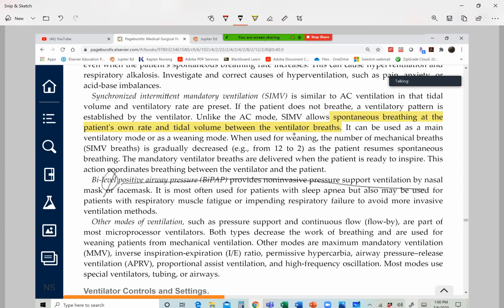If the patient is just starting to get better, they may take a small tidal volume, or the next time they may take more. These are the patient's spontaneous breaths. They can take less or more than the preset tidal volume. Is that clear?